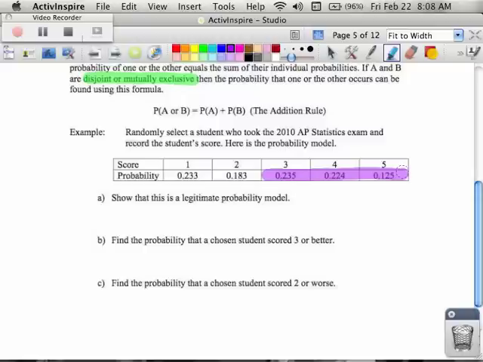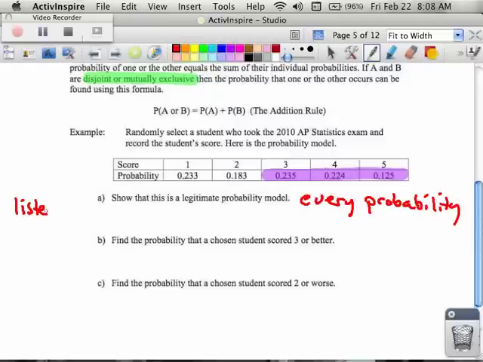First of all, the first thing that I notice is that every probability listed is less than or equal to 1. That's the first thing that I look for. You can never have a probability more than 1.